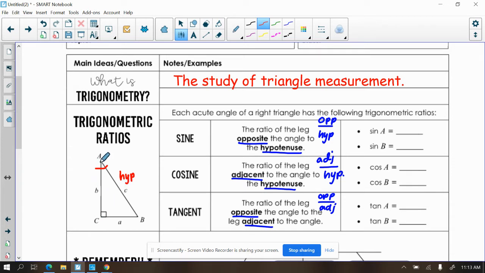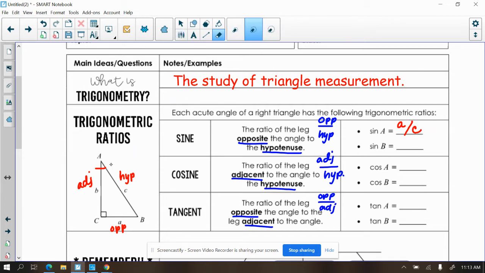Adjacent means right next to angle A, and opposite is over here. When we're looking for sine of A, opposite over hypotenuse, the opposite is A and the hypotenuse is side C. We don't have numbers right now, just letters, so we'll say A over C.